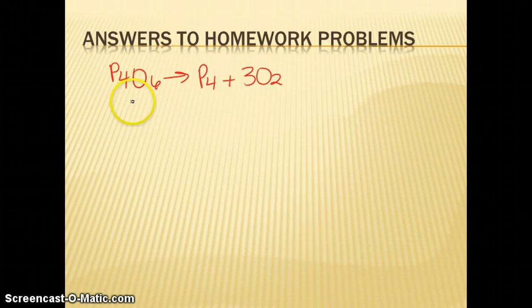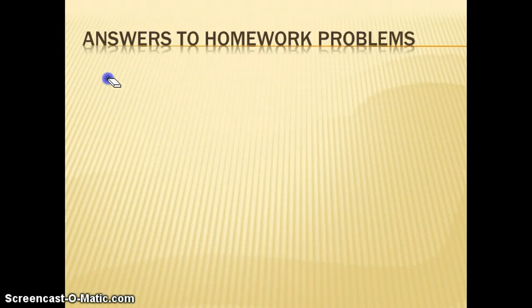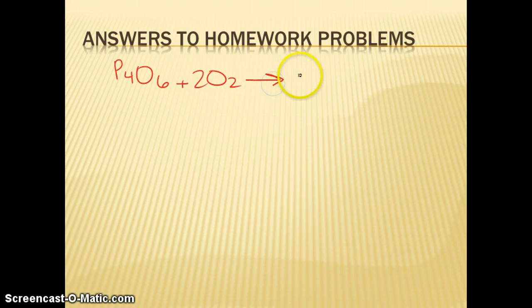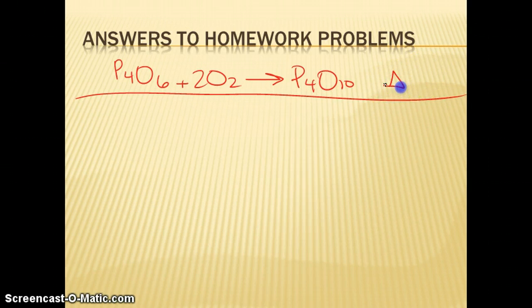So we've got that. Nope, that's not the target. That's our half reaction. Our target was the P4O6 plus the 2O2 gives us P4O10. So that's our target, and we need the delta H for that.